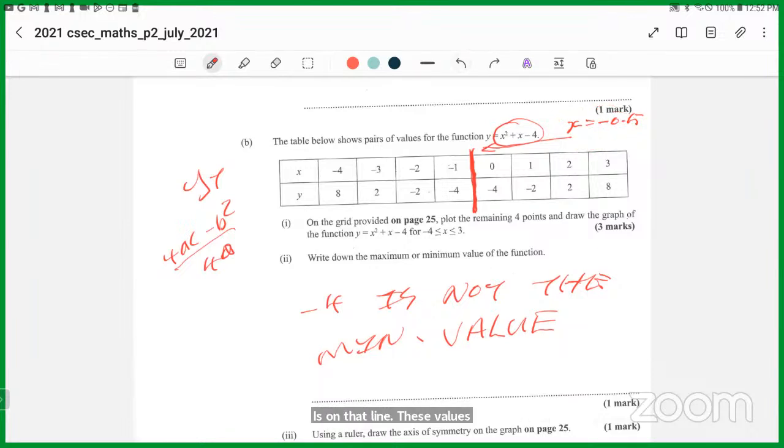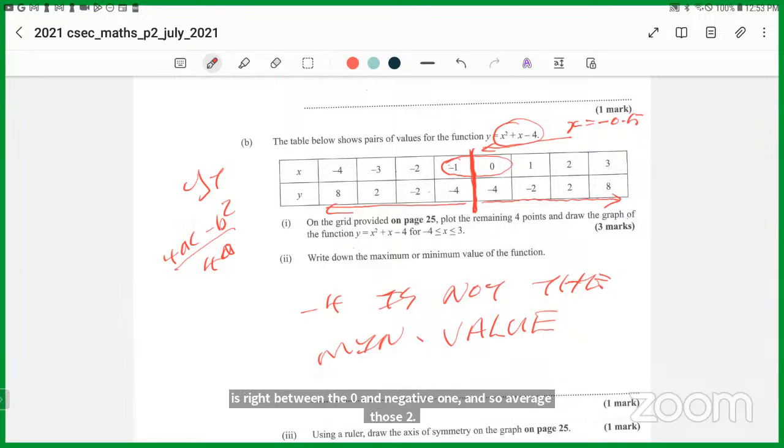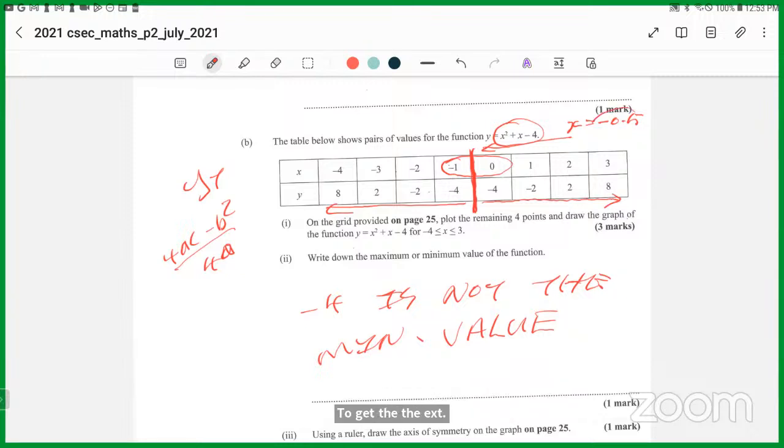Notice the y values are symmetrical about this red line that I've drawn. So that red line is where the axis is, which is right between the 0 and the negative 1. And so we average those to get the xt. If you want to calculate the xt, you're going to get the same 0.5.